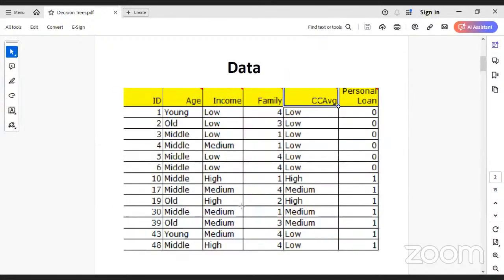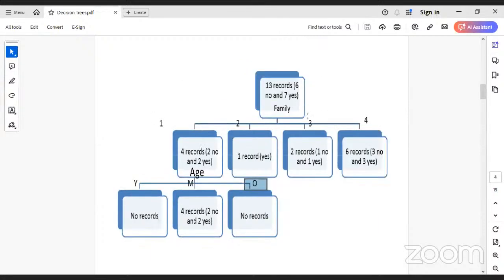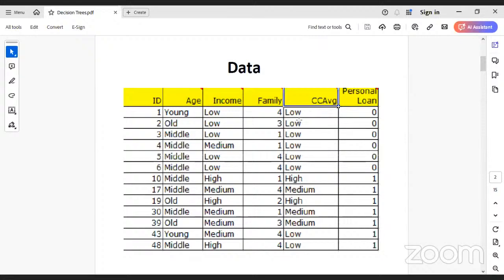Now, how are these records of the category young in age divided? So don't look into the young category. What we are supposed to look into is family is equal to 1. Then in that we have to look into age. So family is equal to 1 has 4 records. The first record is not young, it is middle, leave it.